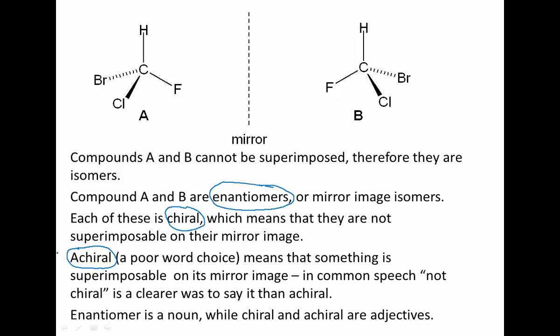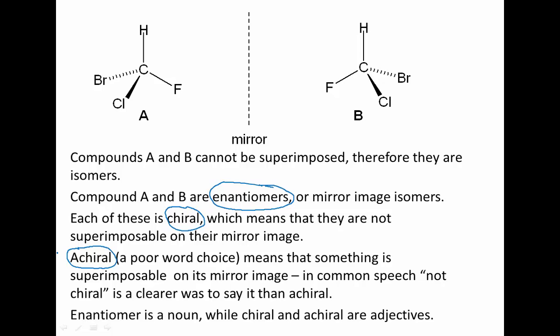Many branches of supermarkets are chiral. You go to one and the veggies are on the left, and then find another branch of the same store and the veggies are on the right, or things like that. So this just means merely that it cannot be superimposed on its mirror image.